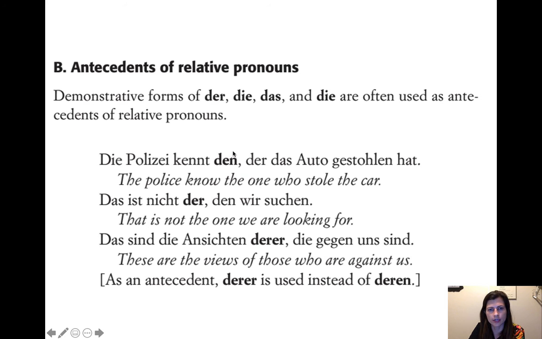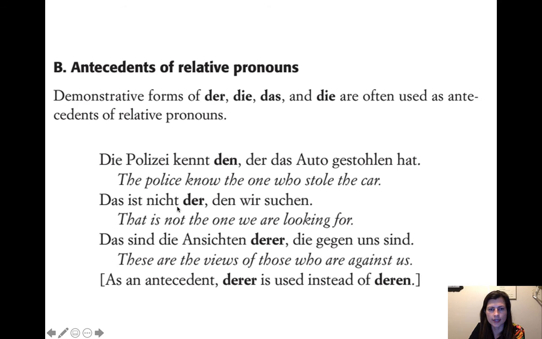Since you don't say any other noun, you can just tell it's masculine. You just say the one. So the police know the one who stole the car. And in speech, you would emphasize this as well. Die Polizei kennt den, der das Auto gestohlen hat. Yeah, so it's like the one.